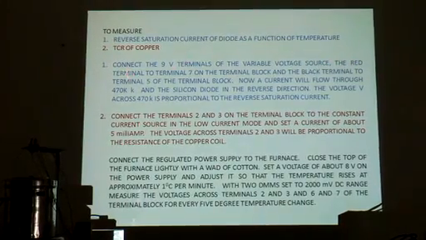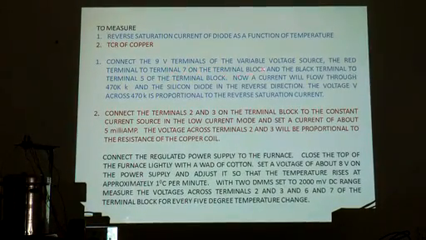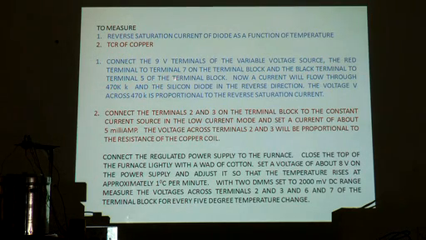The red terminal must be connected to terminal 7 on the terminal block and the black terminal to terminal 5 of the terminal block. Now a current will flow through 470 kilo ohms and the silicon diode in the reverse direction. The voltage V across 470 kilo ohms is proportional to the reverse saturation current.